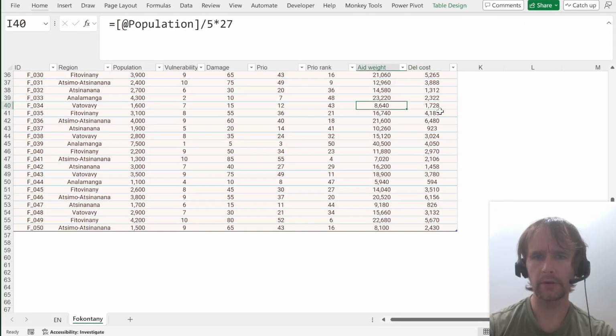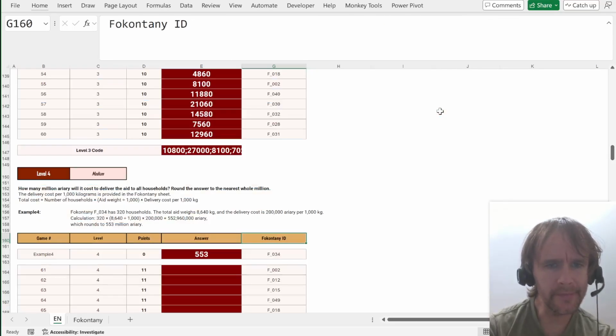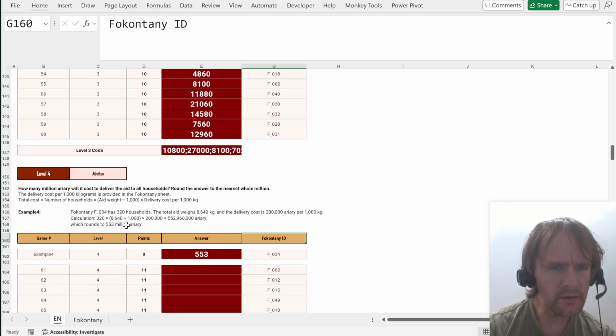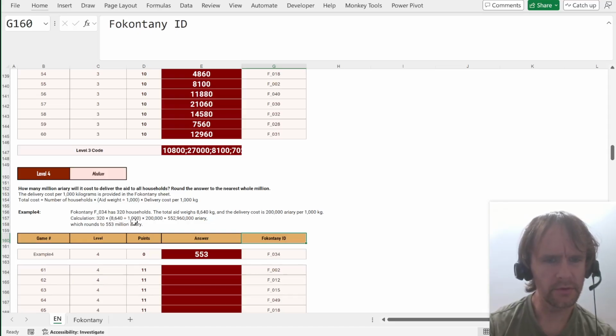No, not close. All right, what? Total aid weighs that? Yes, delivery cost is 2,000 per 1,000 kilograms. Oh, wait, what? Total aid weighs this. So why are we multiplying by... Huh?